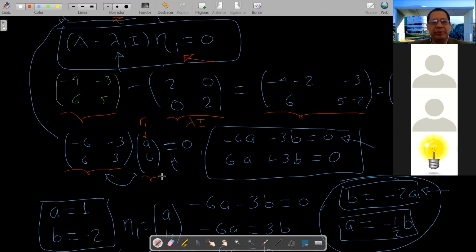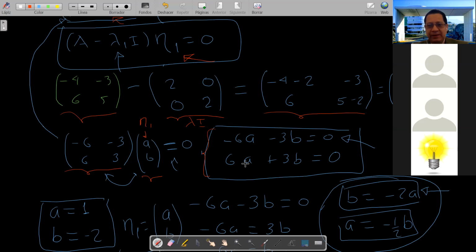Let's call those two components a and b. You can call it any way you want. It doesn't really matter. In some books, they are called eta 1 and eta 2. But it doesn't matter. So with this product, you will get a system of two equations. So here is the resulting two equations.